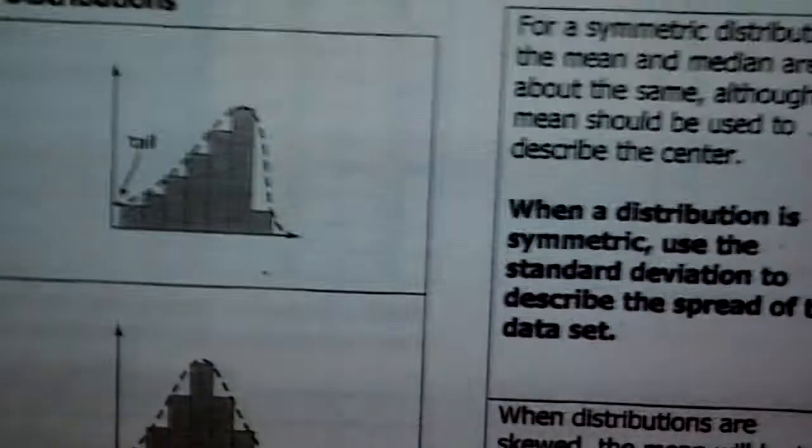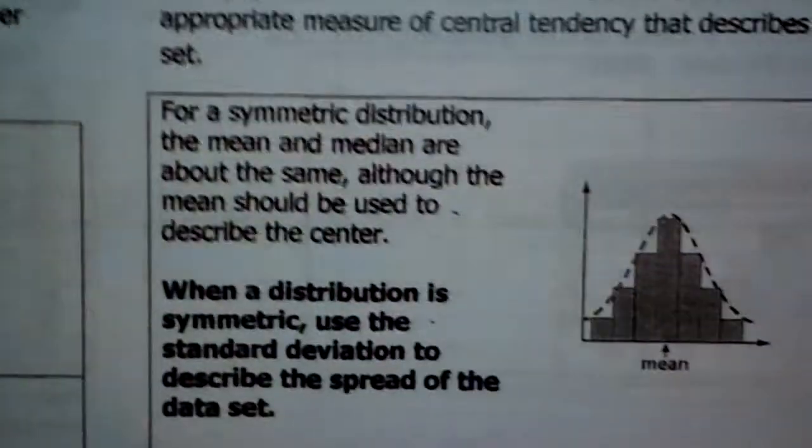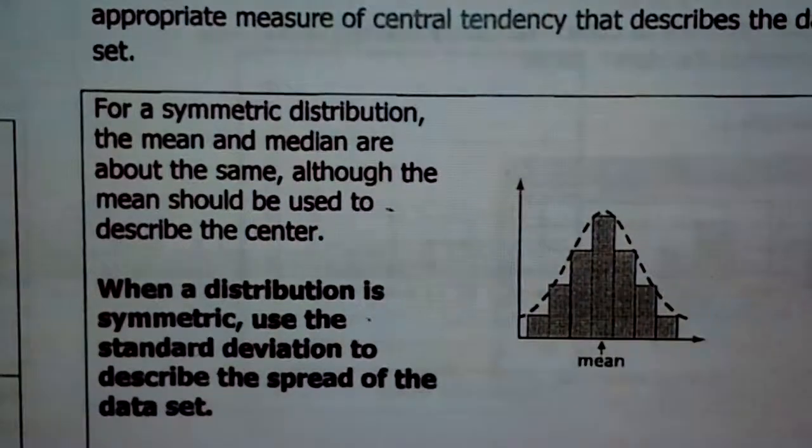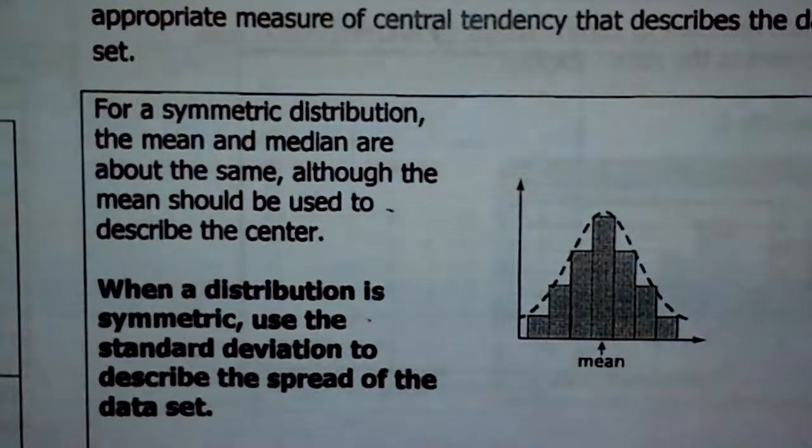Alrighty. So why do we need to know about the shapes of the distribution? Well, the shape of the distribution can be used to choose the most appropriate measure of central tendency that describes the data set. I was talking in class about if everyone got 100% on a test and somebody didn't take their test and I loaded it in as a 0, that outlier is going to kind of skew the results of the data.